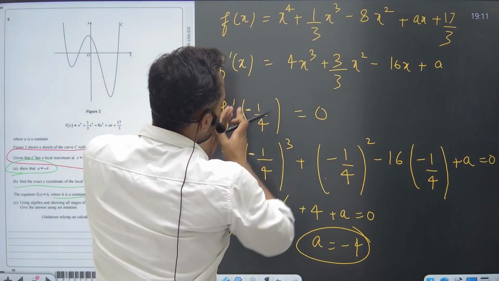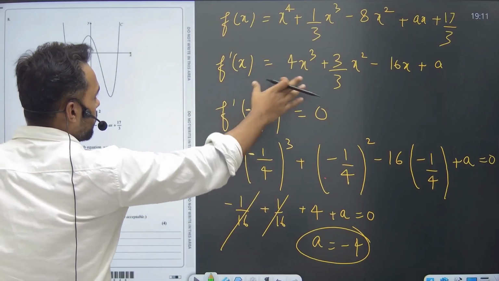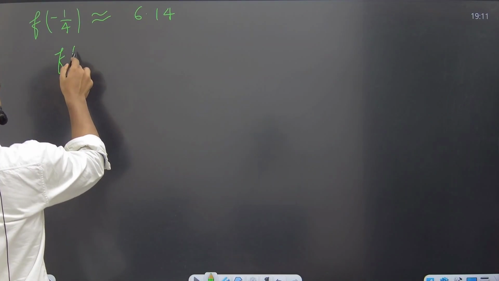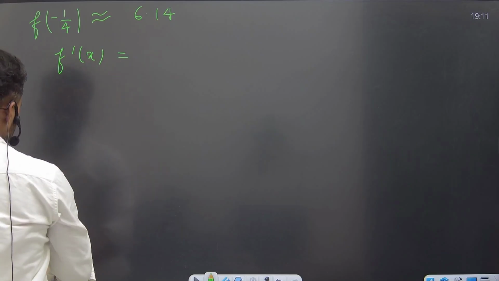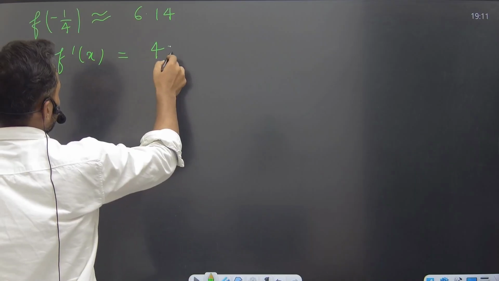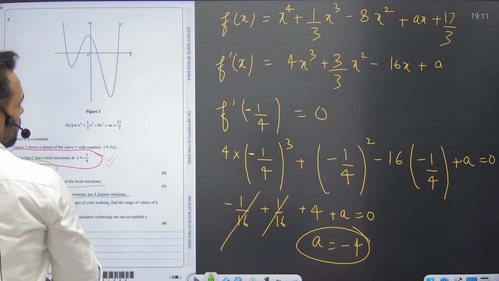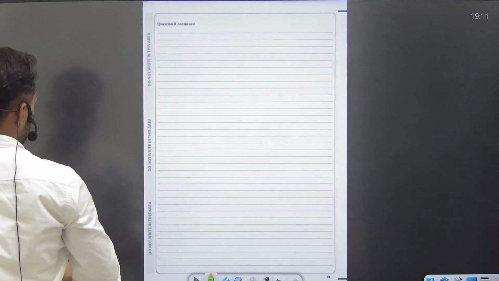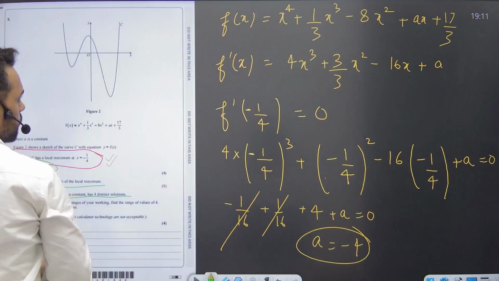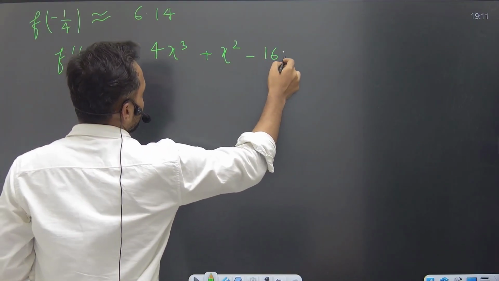So first, we need to take out the differentiation, f prime x. We have already calculated it, student. So f prime x was, I'm writing here, 4x cube plus 3x square plus x square negative 16x plus a.